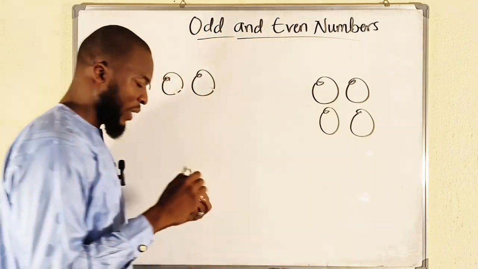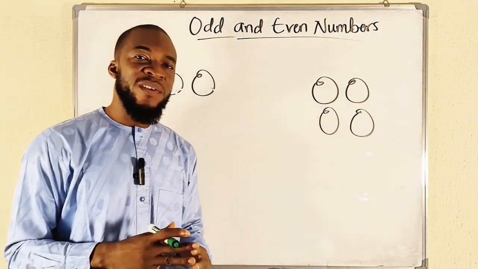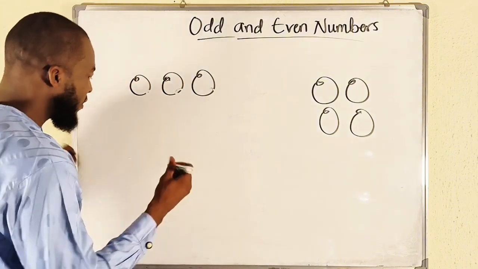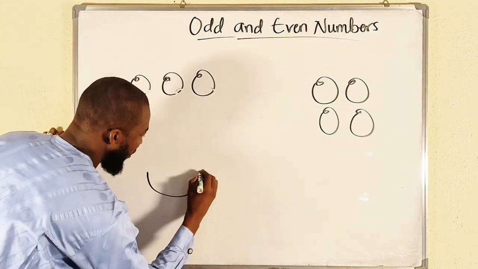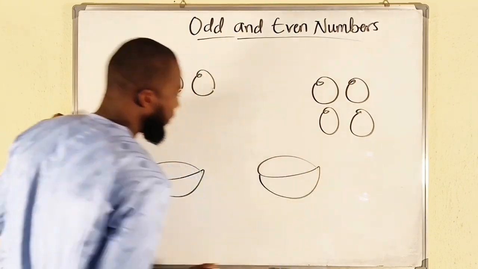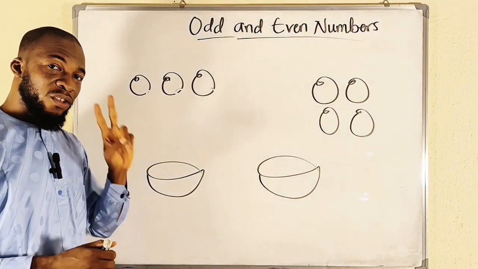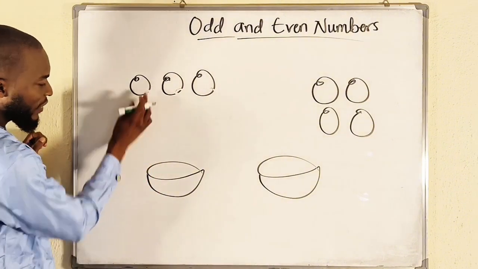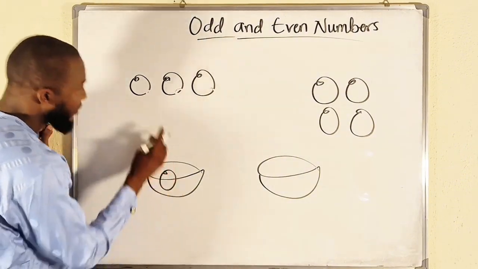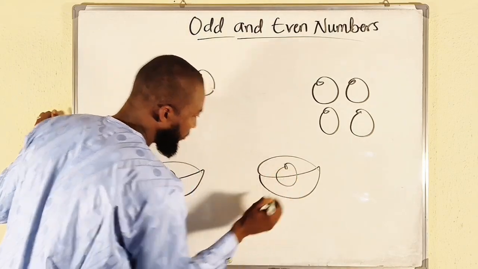All right. We want to find out which of these can be divided into 2. For example, I have a basket here, and I have another one right here. So if I want to divide these 3 oranges into 2, if I take this one, I place it here. I take the other one, I place it here.